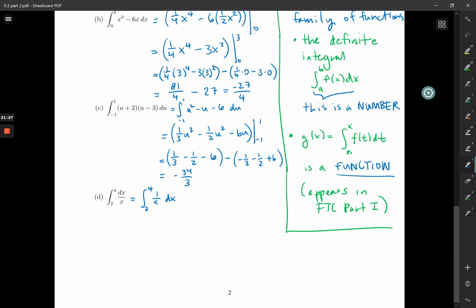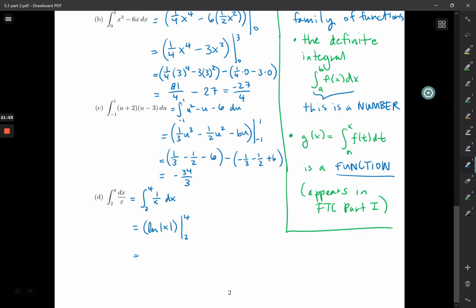Okay, well, 1 over x, an antiderivative of that is natural log of absolute value of x, right? And so this is a simple antiderivative. It just basically comes from the table of antiderivatives that we had from before.